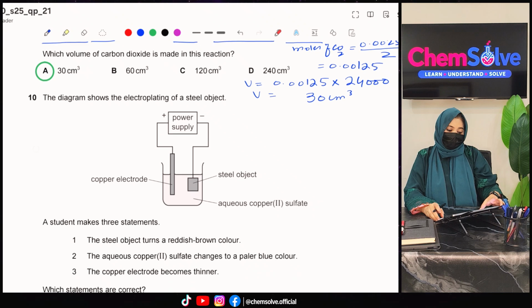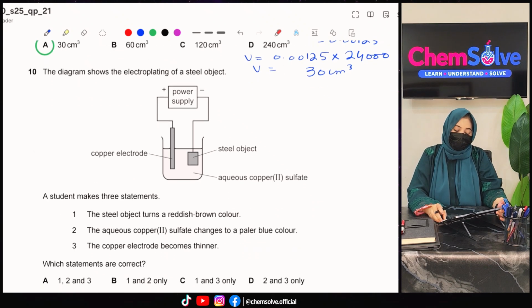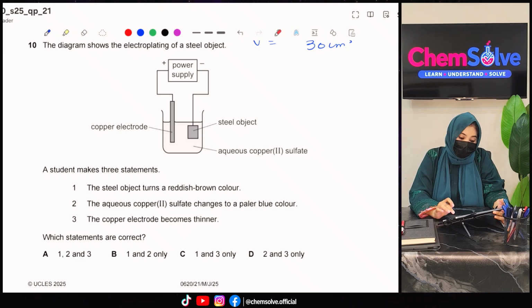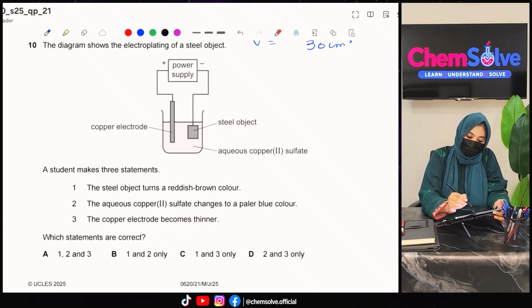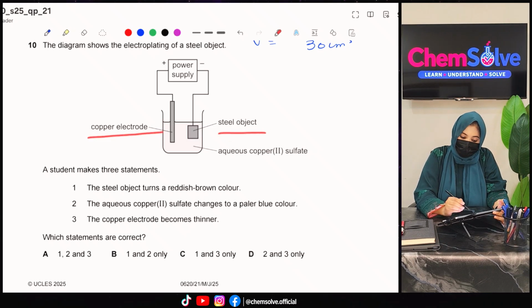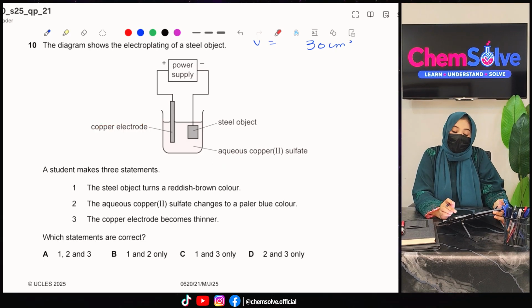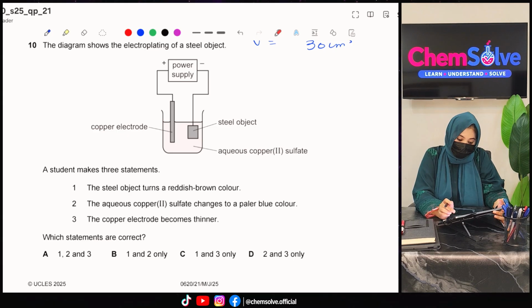Now question number 10. The diagram shows the electroplating of a steel object. So we have the copper electrode, a steel object. Copper electrode is being made anode, and the electrolyte is aqueous copper sulfate. So what happens?